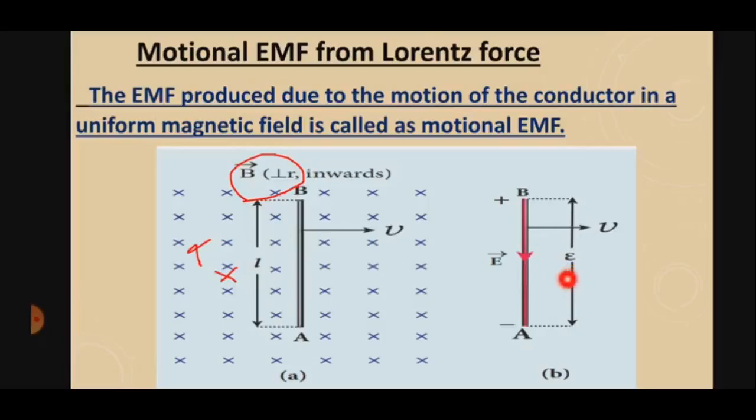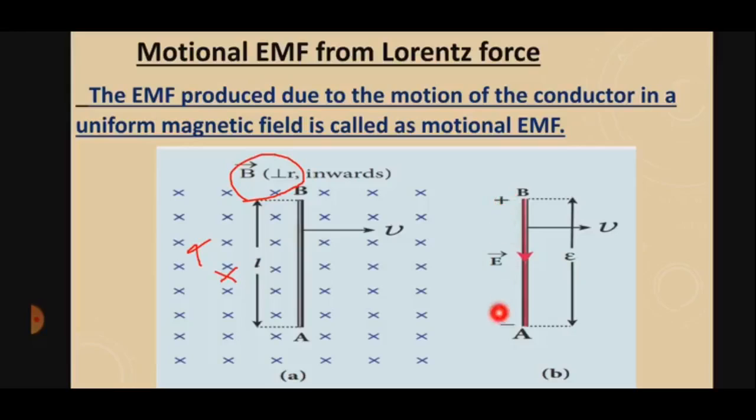Because of the induced EMF, there is a flow of current. All the electrons flow in one direction and accumulate at end B.